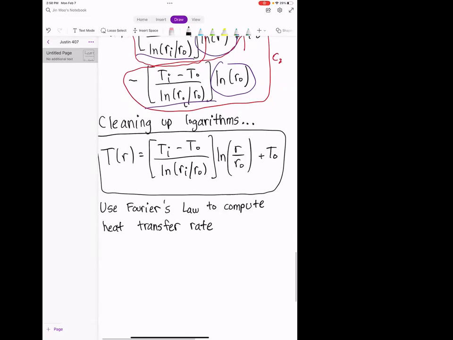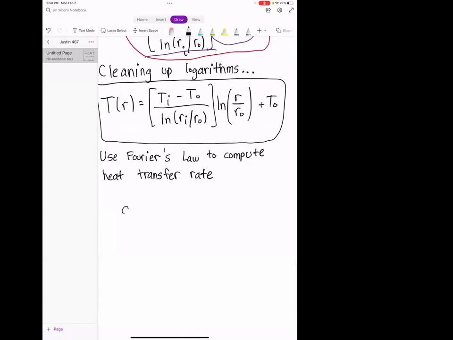Fourier's law, remember, is Q, and in this case I'm going to write Q sub r, because it's the heat transfer in the radial direction. This is equal to minus k times A times the derivative of T, so we have dT/dr.